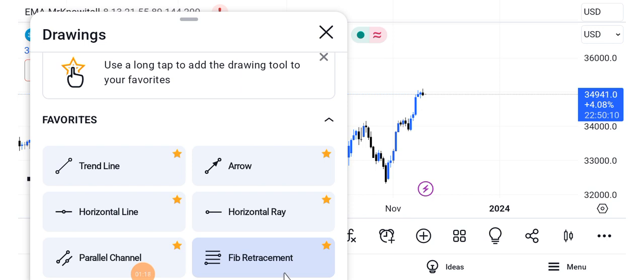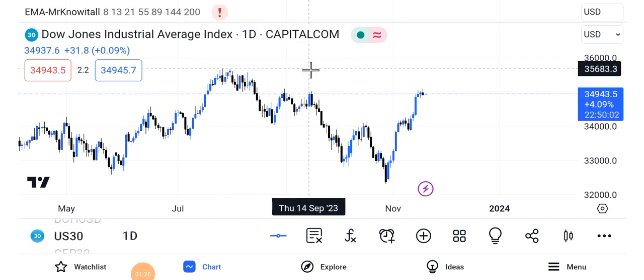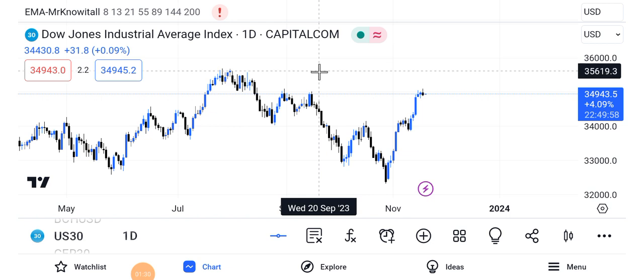Number one, you just need to be able to tell where the trend is going. Number two, you need to know where your key levels are. You need to know your reversal patterns. You need to be able to tell what the market structure of that pair is at that moment.